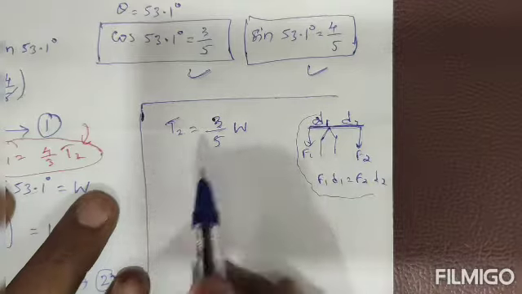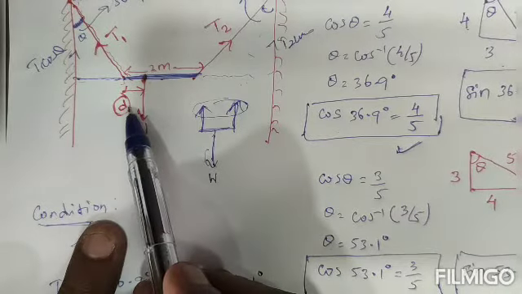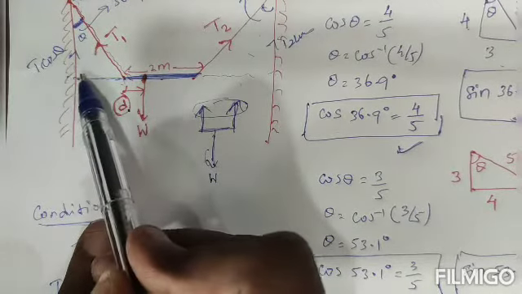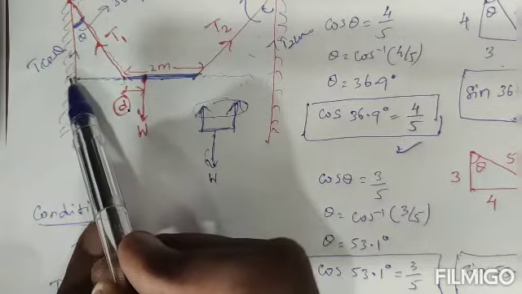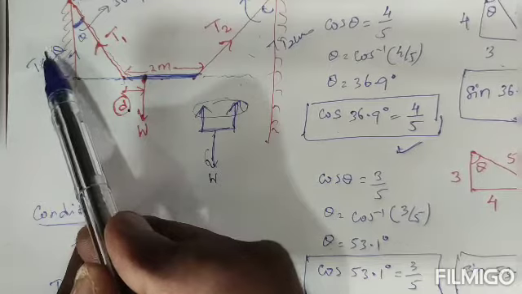So the same idea I can use here. Here the left side distance is d, but what about the force? The force is only the upward component of the tension, that is T1 cos 36.9 degree.